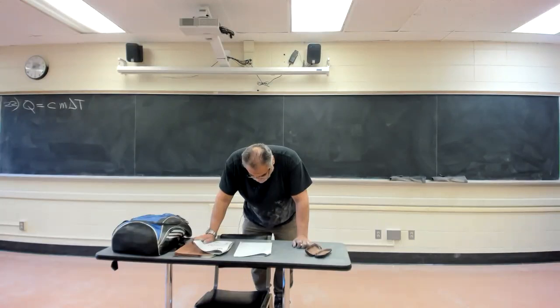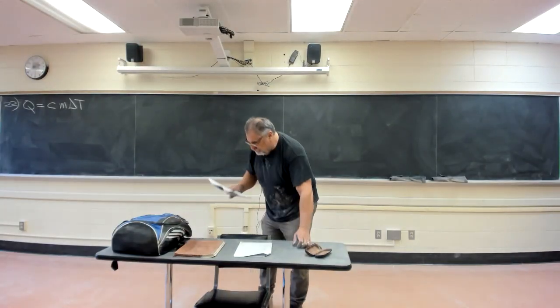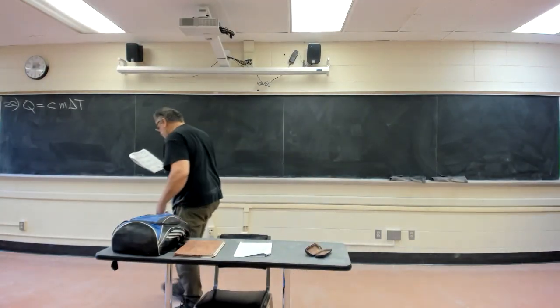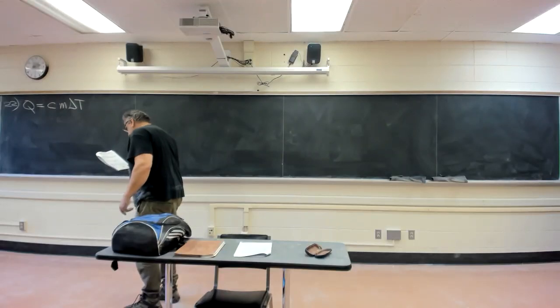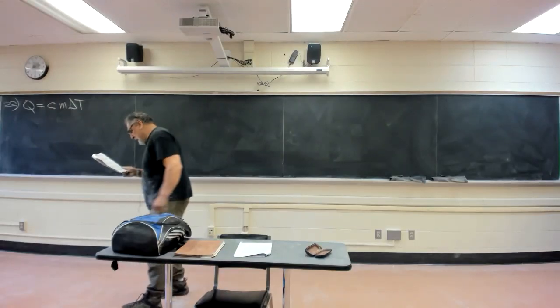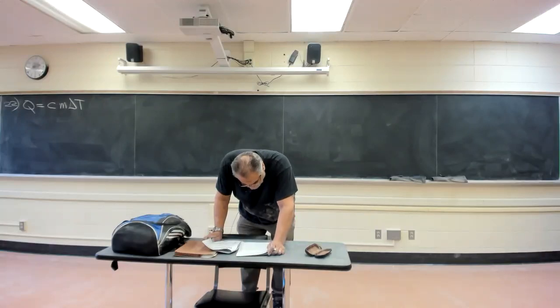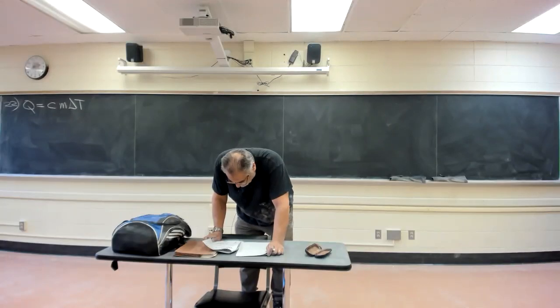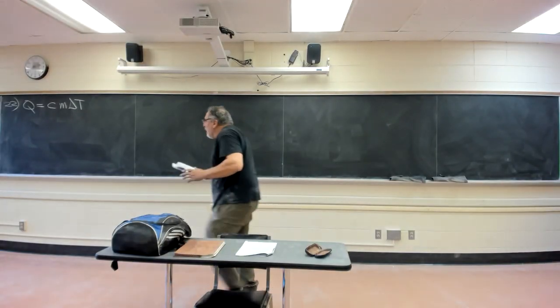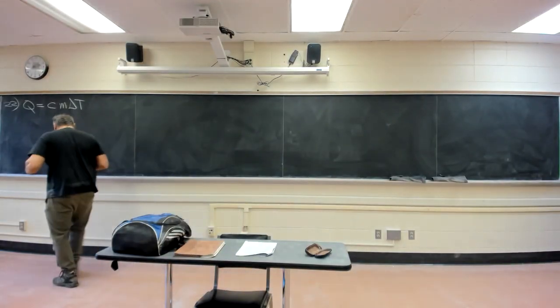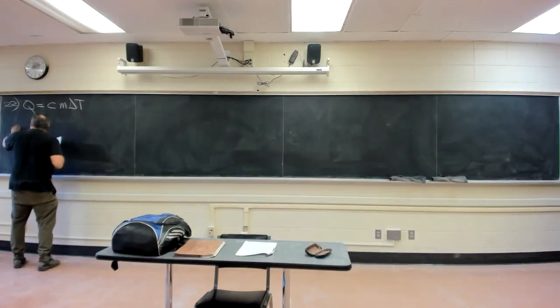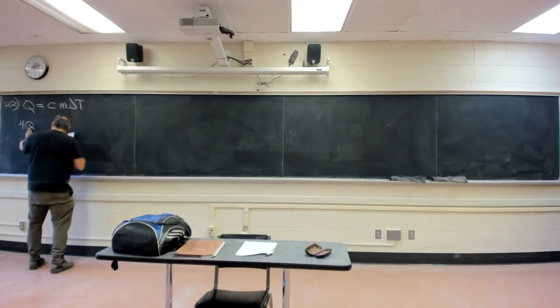Let's talk. I just want to make sure I got my own notation straight here, guys. Object 1, we want to see the delta T of the other one. Basically, object 1 has a lot going on. Object 1 is given 4 times the heat that's given to object 2.